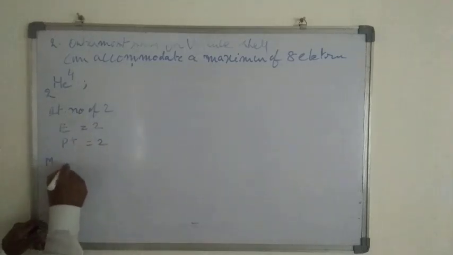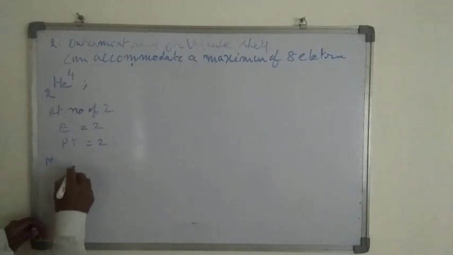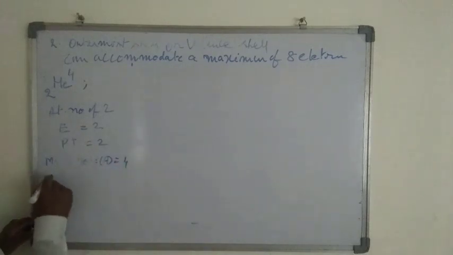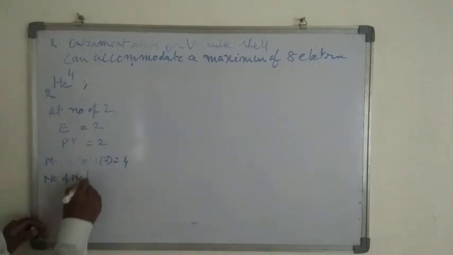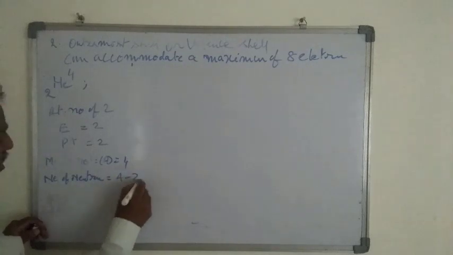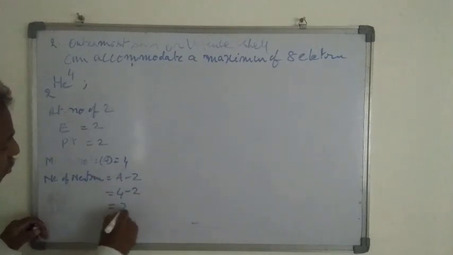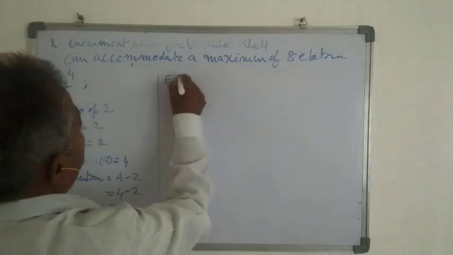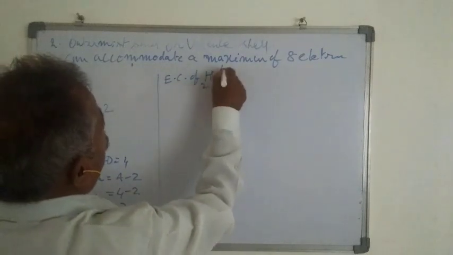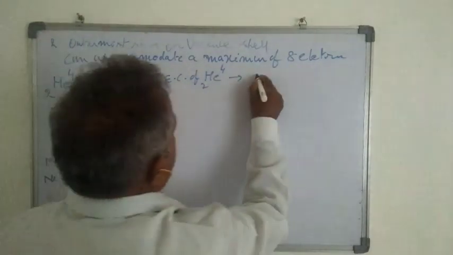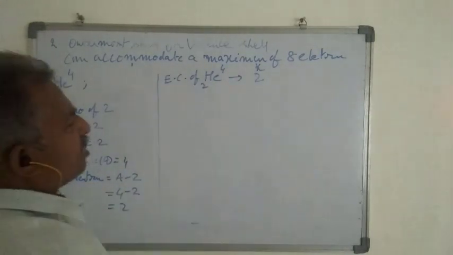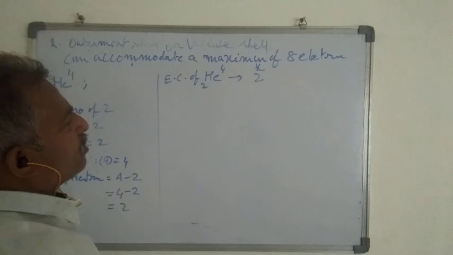Now the mass number A equals 4, so the number of neutrons is A minus Z, 4 minus 2 equals 2. For the electronic configuration of helium, 2 electrons are in the K shell, because the K shell, the first shell, can accommodate a maximum of 2 electrons. So with 2 electrons the K shell is completed. So the electronic configuration of helium is 2.